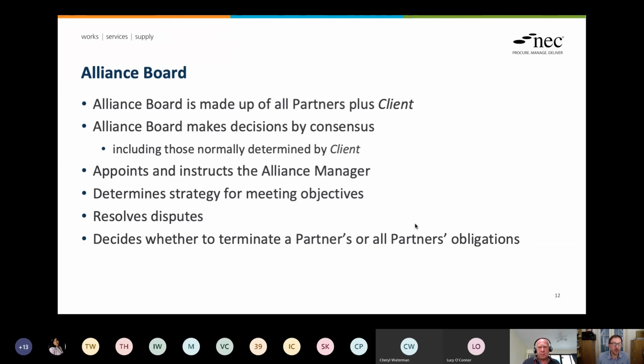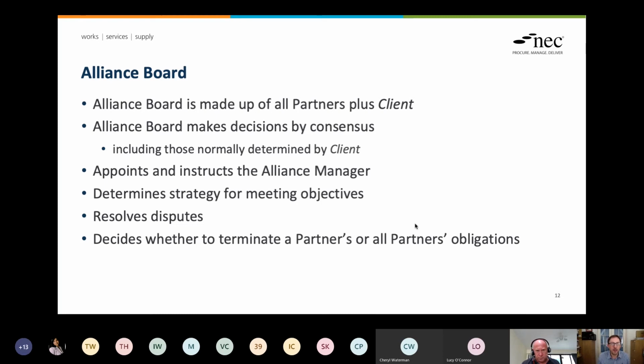I think we've touched on some of these things already, in that the Alliance board, or the partners, including the client, make all the decisions based on a complete consensus of the board. And as you mentioned earlier, Rob, if you're struggling to get the consensus, maybe the question needs to be adjusted slightly.